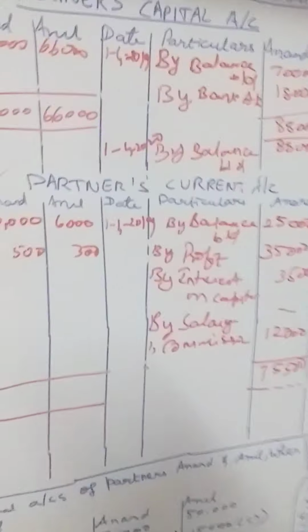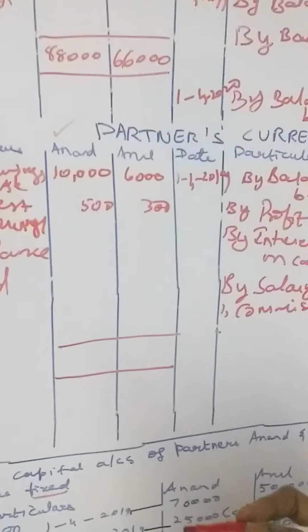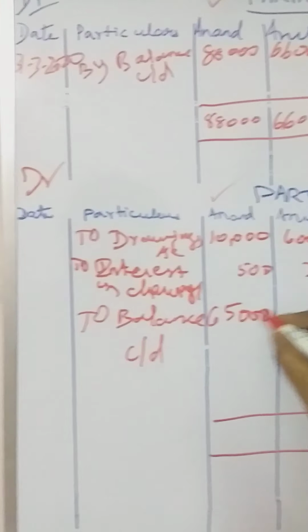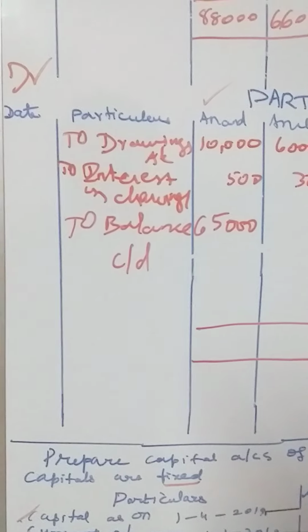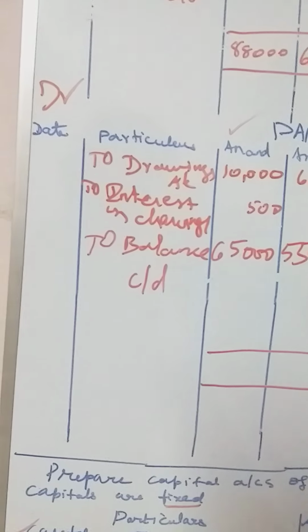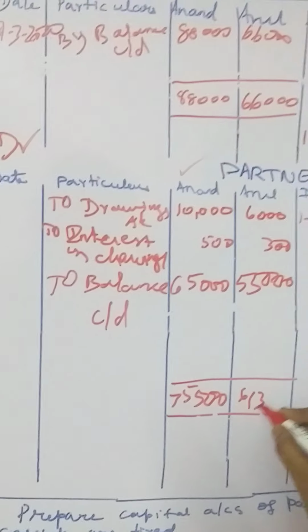So what is the deducted amount? From 75,500 you have subtracted 10,500, you get the balance of 65,000. Similarly, from 61,300 you subtract 6,300, you get the balance of 55,000. So we have balanced the account and we have mentioned it as carry down.